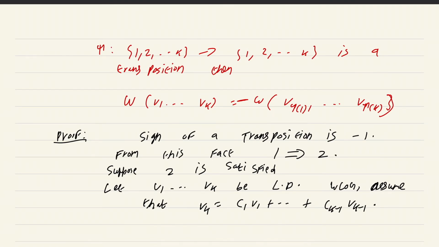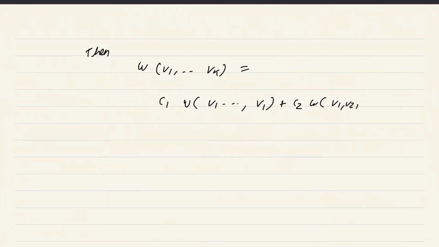Now when you apply omega to v1 to vk, just by the fact that it's multilinear, which is the global hypothesis on omega, you get c1 omega of v1, dot dot dot, but the last entry is again v1. So this is omega(v1, v2, ..., v(k-1), v1), plus c2 omega(v1, v2, ..., v(k-1), v2), plus and so on, plus c(k-1) omega(v1, ..., v(k-1), v(k-1)).